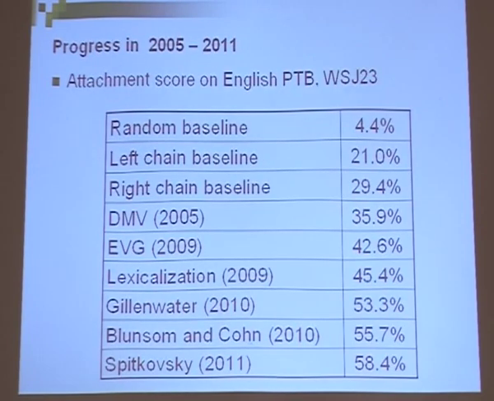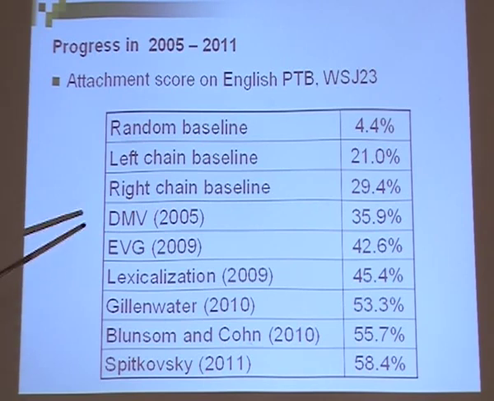And here is the table of the progress from 2005 to 2011. The random baseline is measured on the English Penn Treebank, on the development data, which is Wall Street Journal section 23. The random baseline for English, generally with non-projective trees, is only 4%, the left chain 21%, and the right chain baseline, these are only baselines, 29% for English.